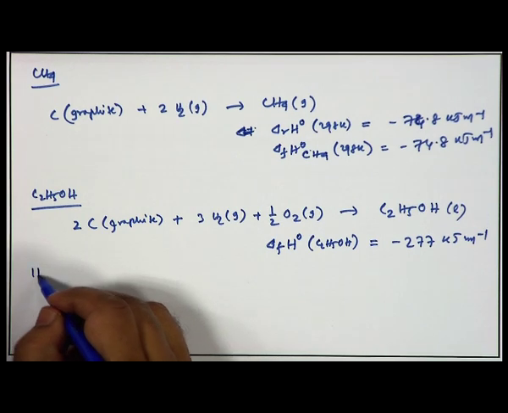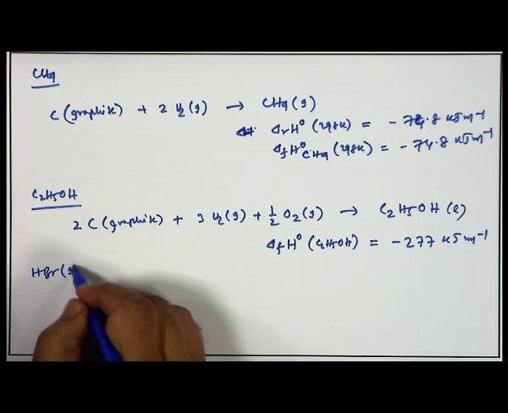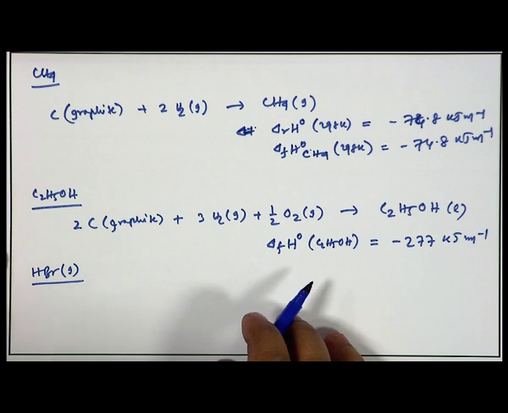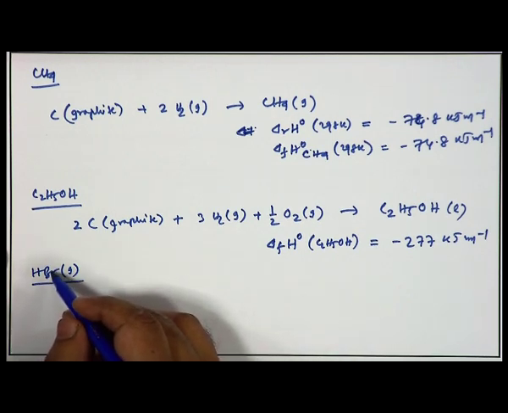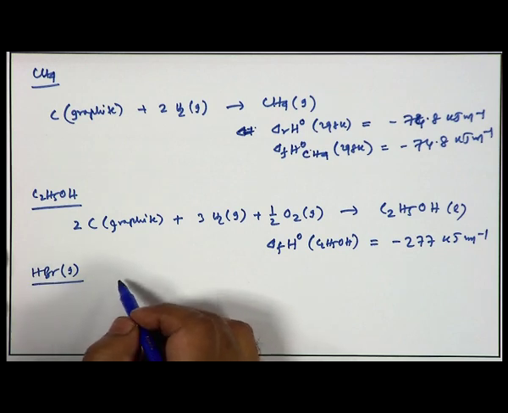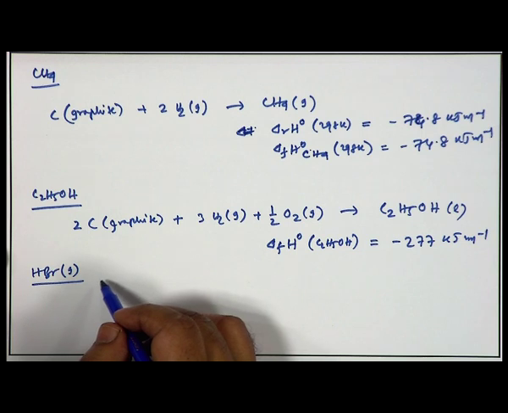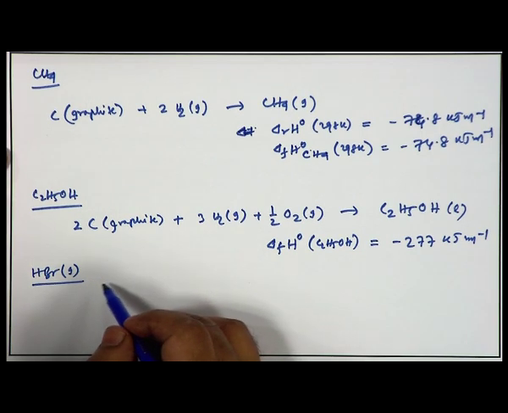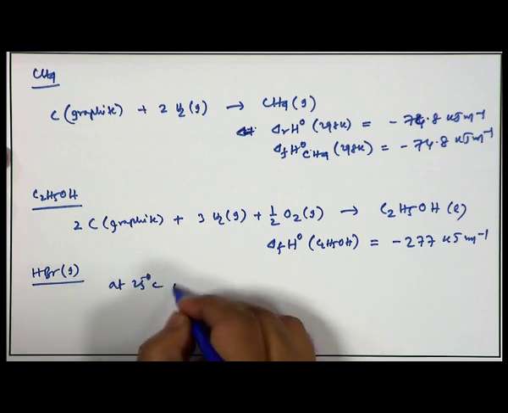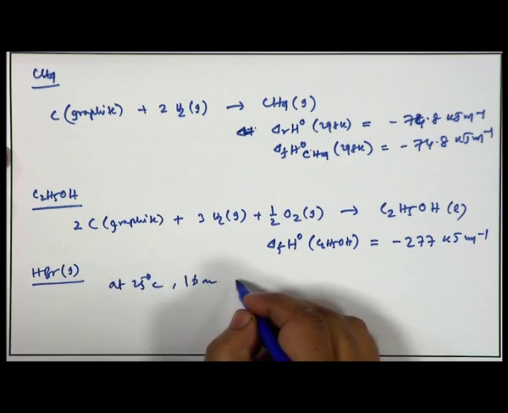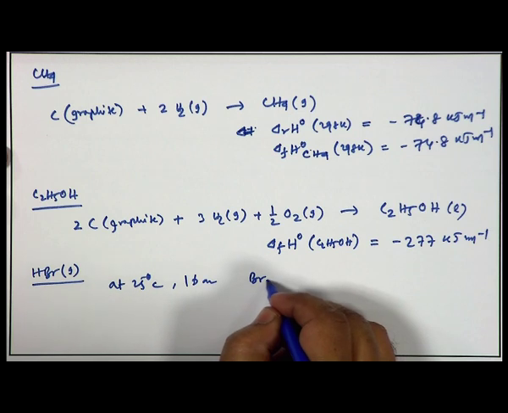One more example: if you want the enthalpy of formation of HBr gas. The constituent elements are bromine and hydrogen. Now, if we want to find the heat of formation at 25 degree centigrade, at 25 degree centigrade and 1 bar pressure, bromine's most stable form is bromine liquid.